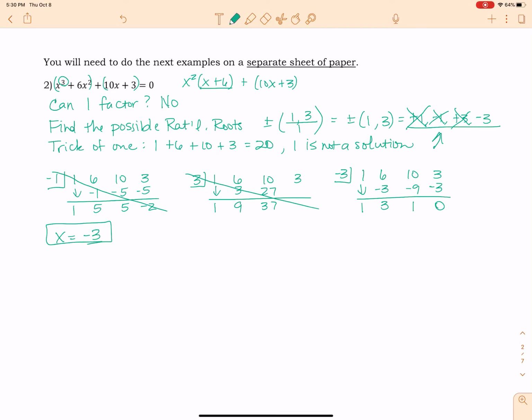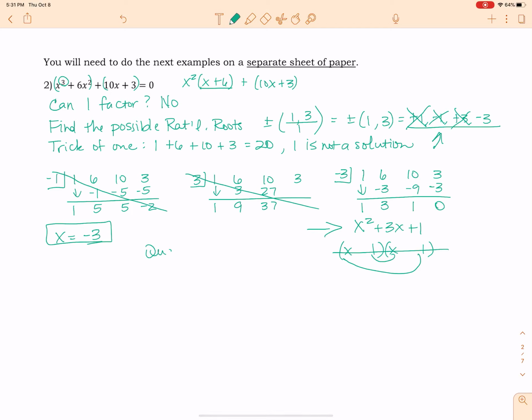Okay, since this polynomial is in the degree of 3, that means I need to find my other two solutions from the quadratic here. All right, so I'm going to try to factor, because that for me is the easiest thing to do. And if you'll notice, 1x and 1x are not going to add to 3x, so this won't factor. What do we do?